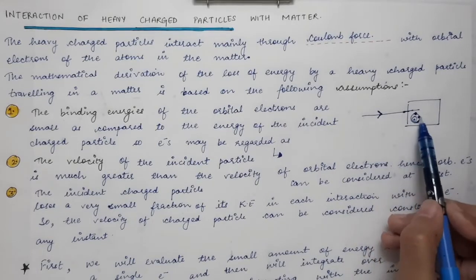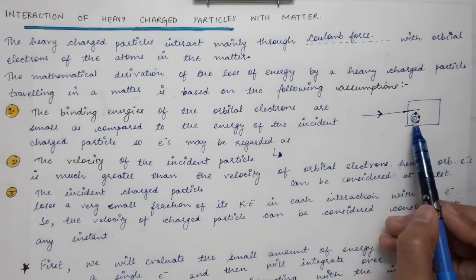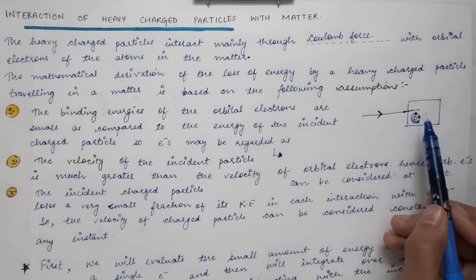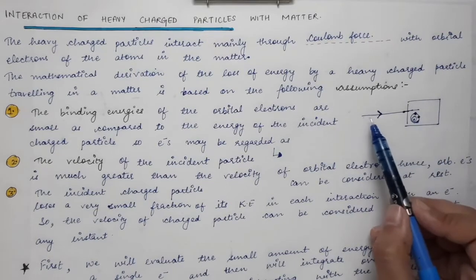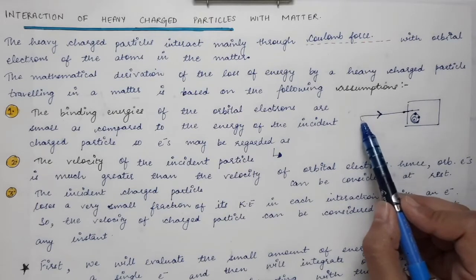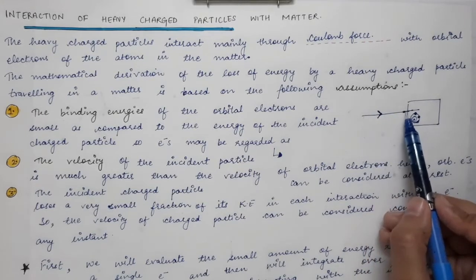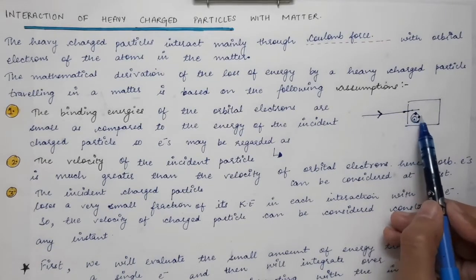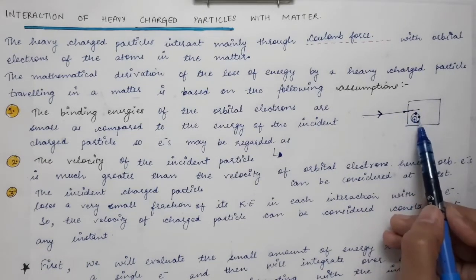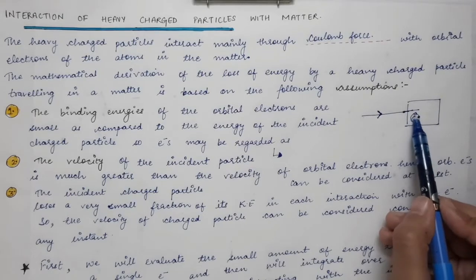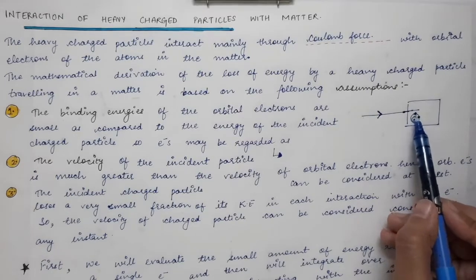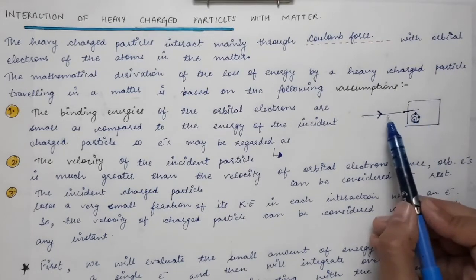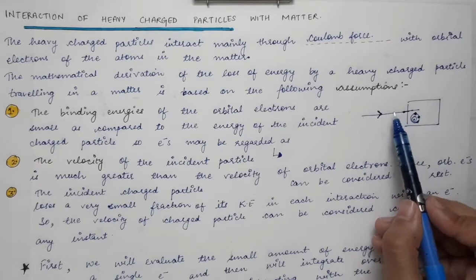The orbital electrons are bound to the nucleus and they require a certain amount of energy to get knocked out of the nucleus. Now we assume that the energy of this heavy charged particle is very large compared to the binding energy of the orbital electrons. So these orbital electrons will be seen as just free electrons by the heavy charged particle.